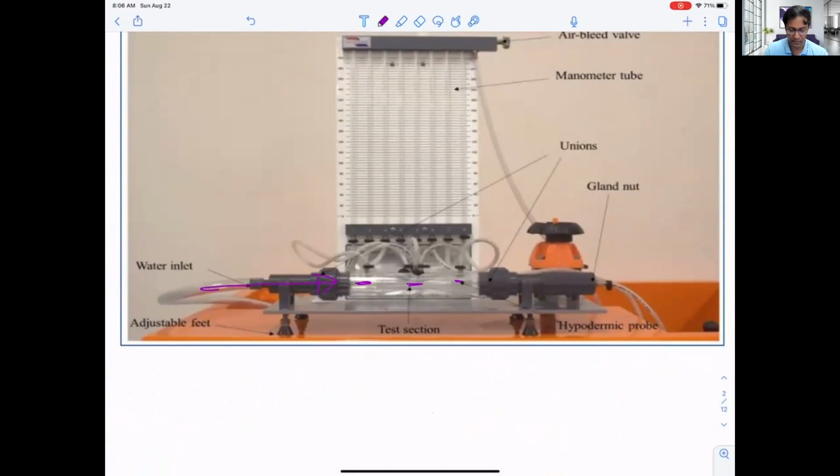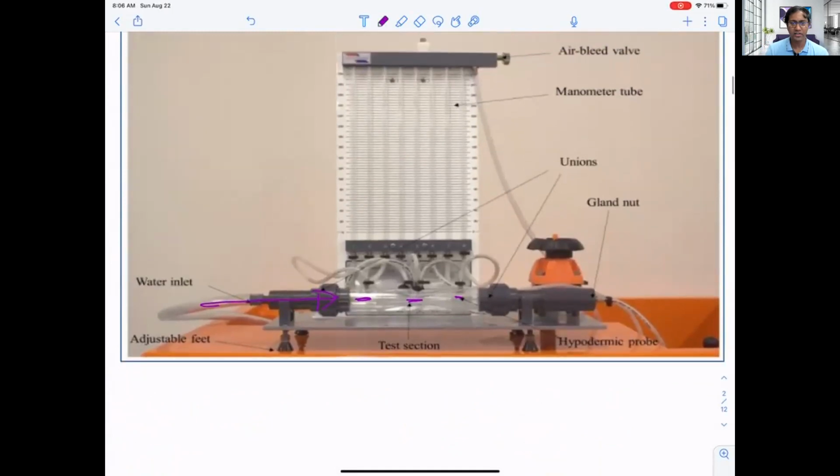Then we'll calculate everything. So basically, what is the application of this Bernoulli's principle? If you want to design a flow measuring device, meaning you want to measure flow through a channel, a pipe, or any conduit, then you need a device that can measure the flow, right?